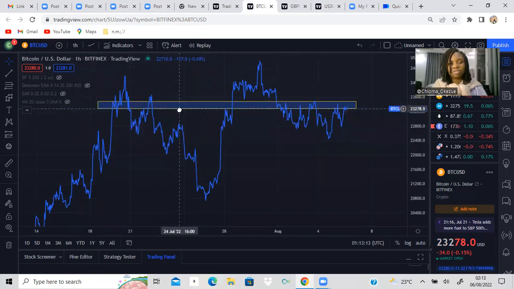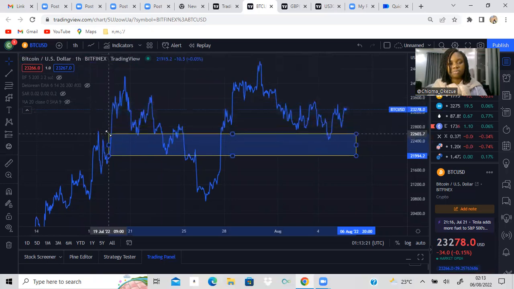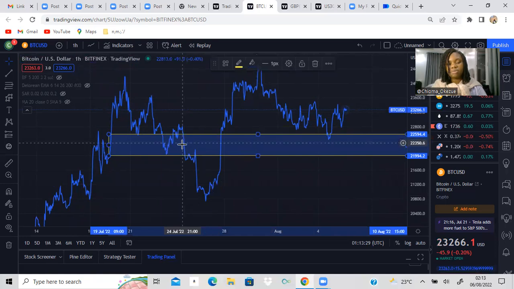All I need to do is draw my rectangle from my higher low to my lower low. There you go. Now, what are we looking for? A break of structure. So it broke this structure.